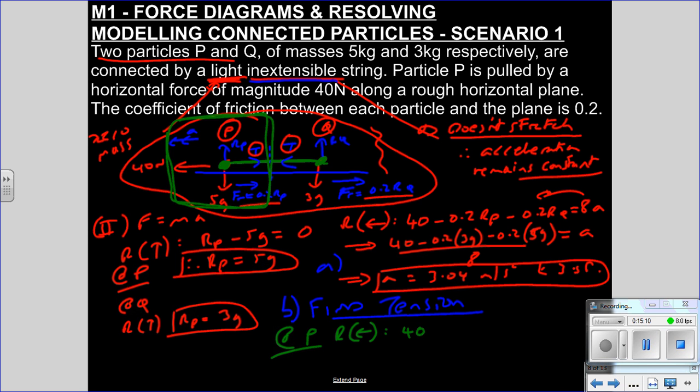What's going to the right? Well, tension's going to the right. Notice it doesn't get cancelled out this time because I've isolated that particle. And also the friction, 0.2 RP, is going to the right, equals the mass times acceleration. The mass is 5, the acceleration we just worked out was 3.04. So therefore, tension equals 40, subtract 0.2 RP, which is 5G, minus 5 times 3.04.